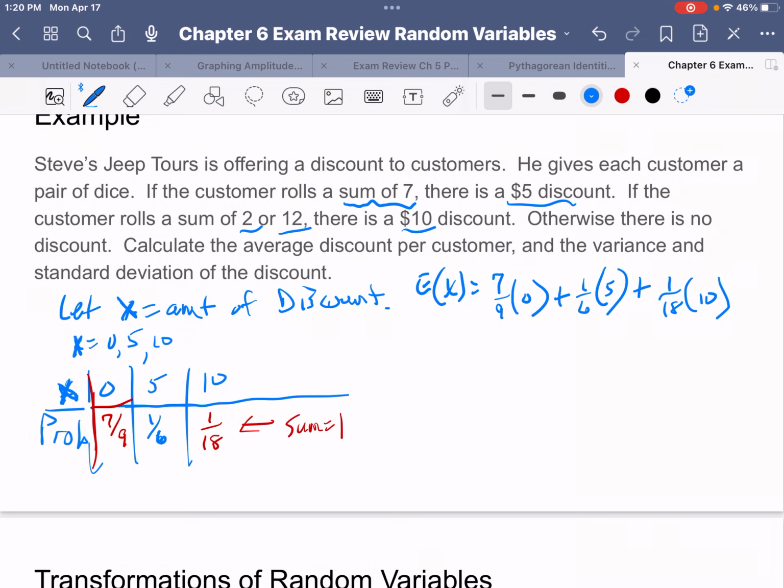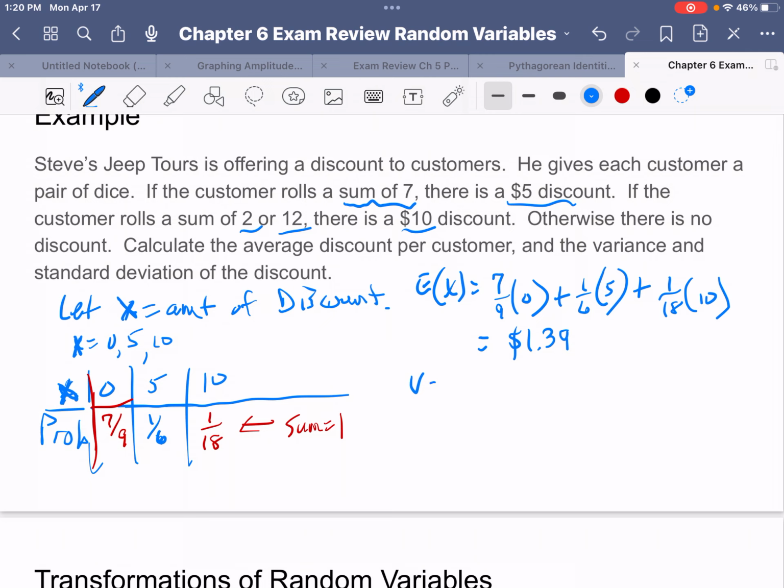So I grab my calculator, and let's see, that's 1/6 times 5 plus 1/18 times 10. Okay, I get $1.39. So the average discount from customer to customer is $1.39. It's like giving everybody a $1.39 discount.